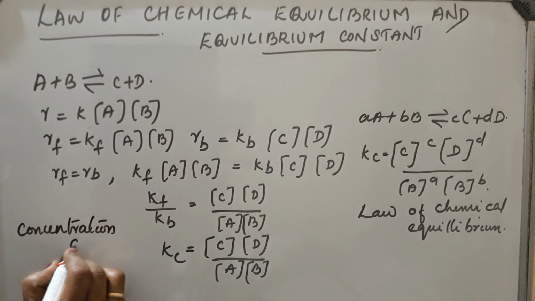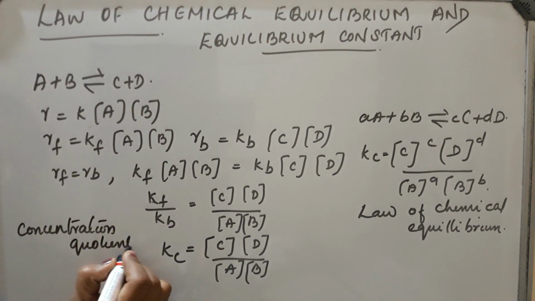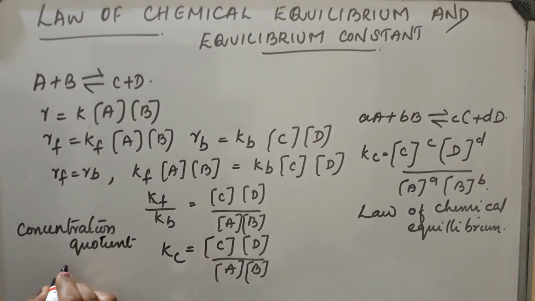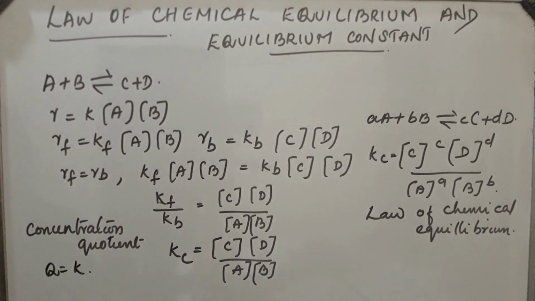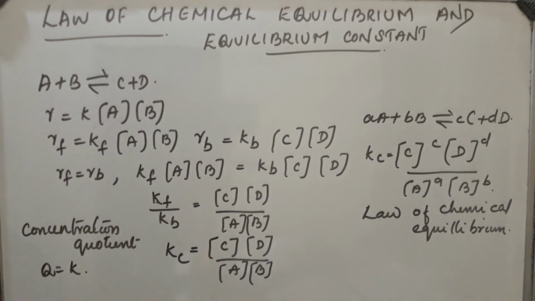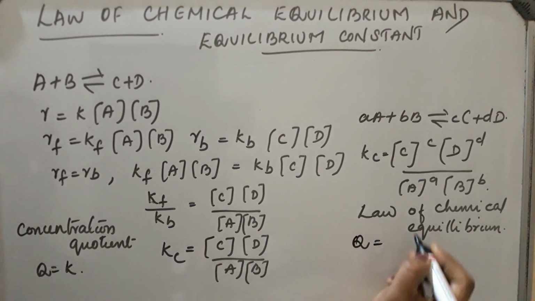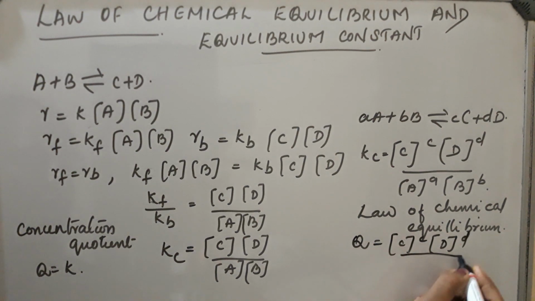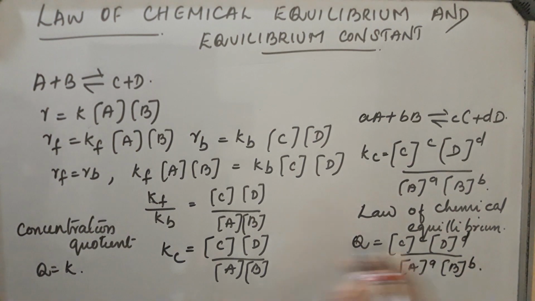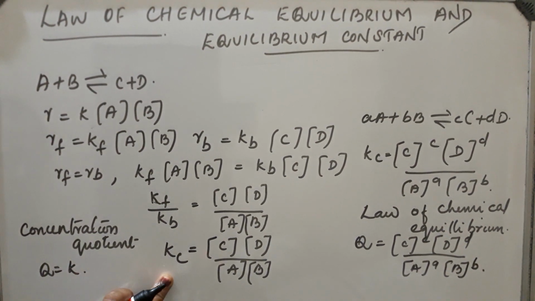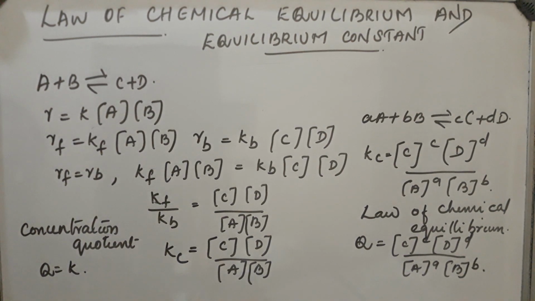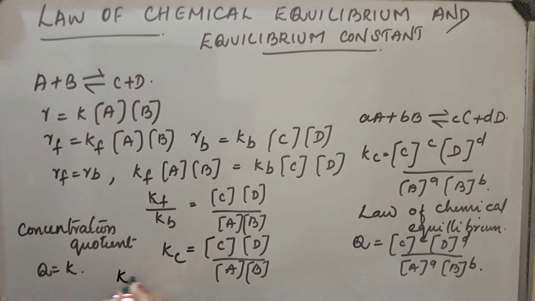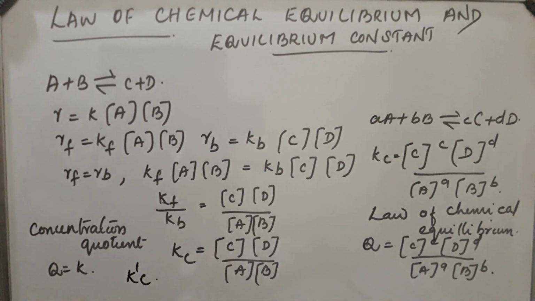Instead of K we can write Q. So Q will be equal to this expression, C raised to c into D raised to d by A raised to a into B raised to b, and at equilibrium Q equals K. Now we know Kc is the equilibrium constant. If we reverse the equation, what happens? Instead of Kc we write K dash c.